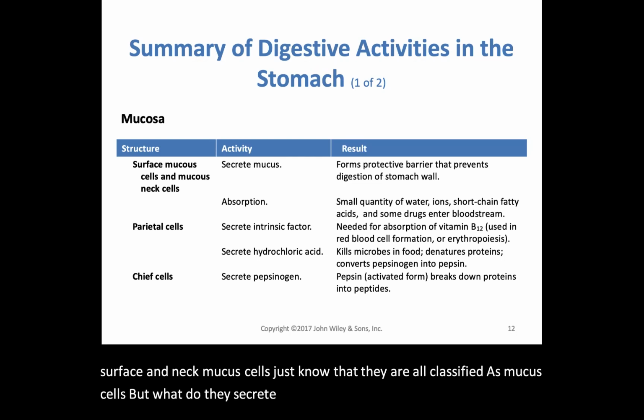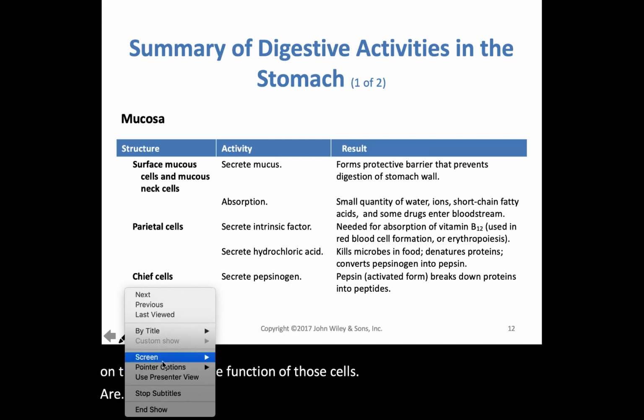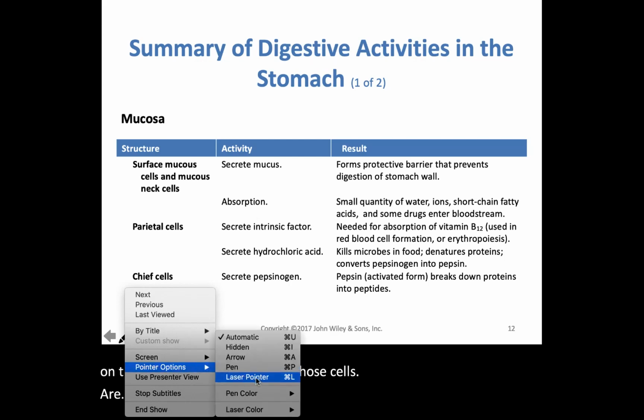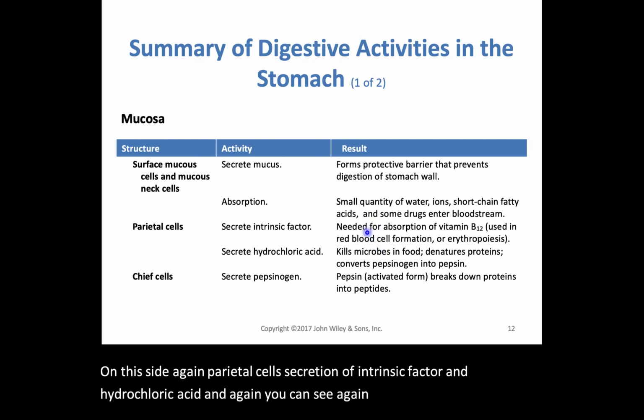And again, you can see here on this side what the function of those cells are. On this side, again, parietal cells, secretion of intrinsic factor and hydrochloric acid. And again, you can see what the function is of that.